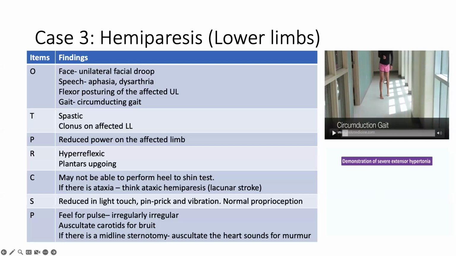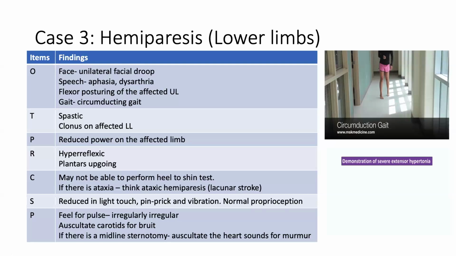Their legs are straight because they have a strong quadricep. Their quadricep strength is good, but their gluteal strength is weak. So this is what we call a pyramidal pattern of weakness.